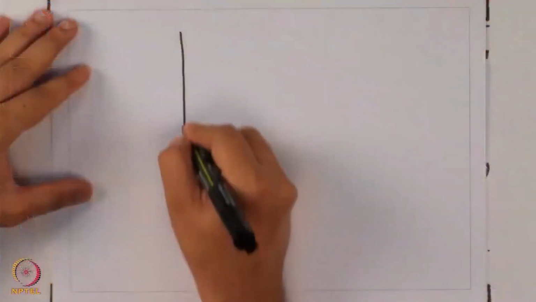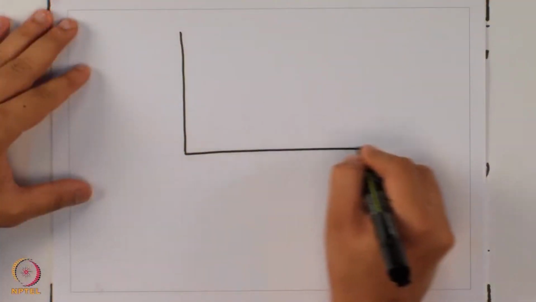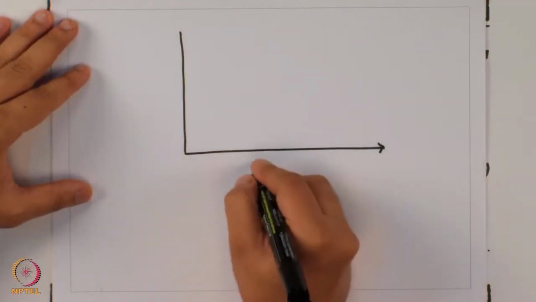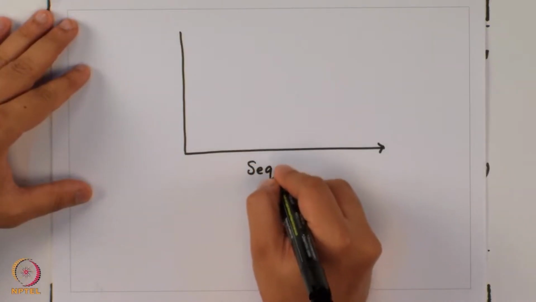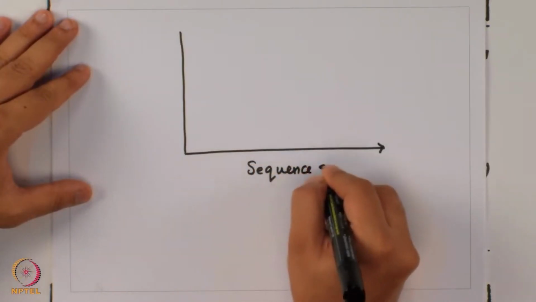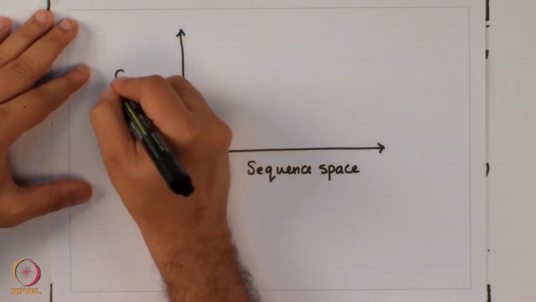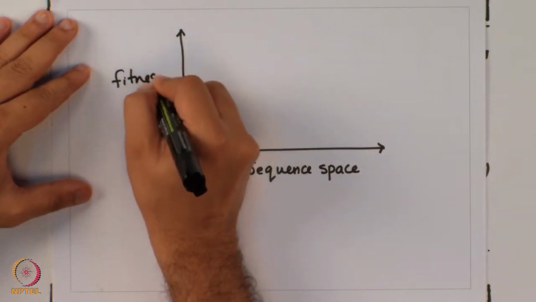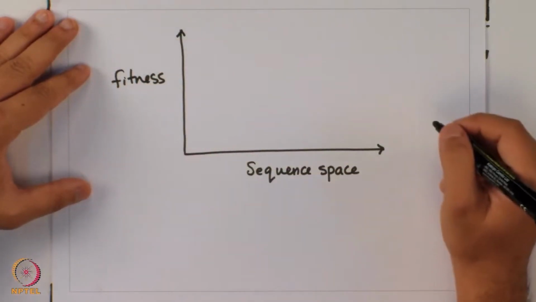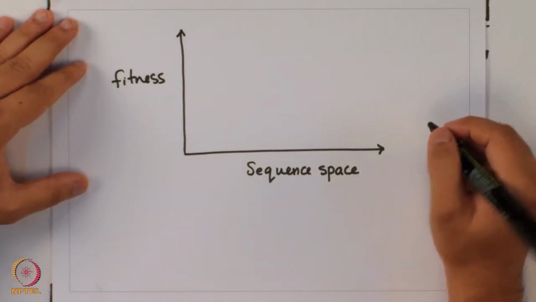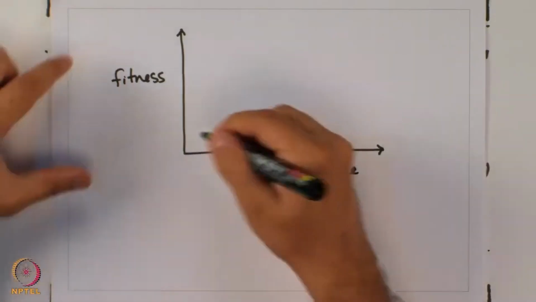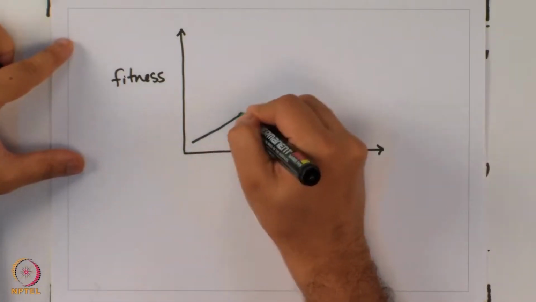So just to recap, if we have a landscape in one dimension, which we can draw, the x-axis here represents the sequence space, and the y-axis is the fitness corresponding to a particular sequence on the x-axis, then our landscape may look something like this.